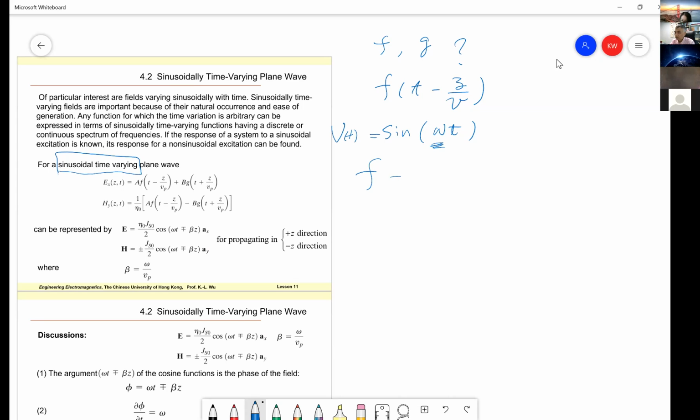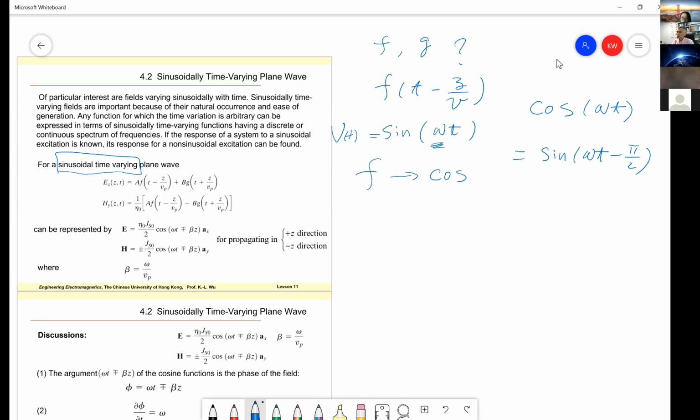Now let's say f is sine or f is cosine. Cosine and sine are the same thing: cosine omega t equals sine of omega t minus pi over 2. So it's just a phase shift.